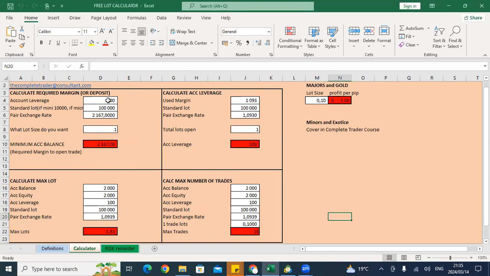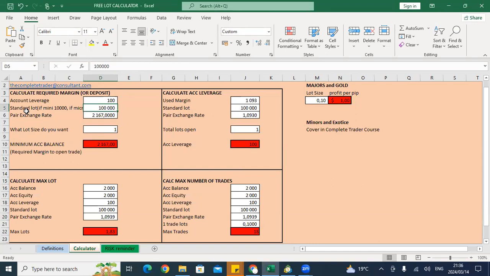So say I've got an account that has a leverage of 100, and the standard lot. So when it says standard lot here, one standard lot simply means $100,000 worth of currency. If you have a trading account that has a mini lot or micro lot, mini lot is 10,000, micro lot is 1,000.